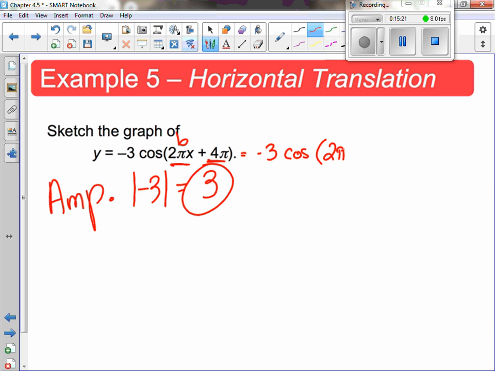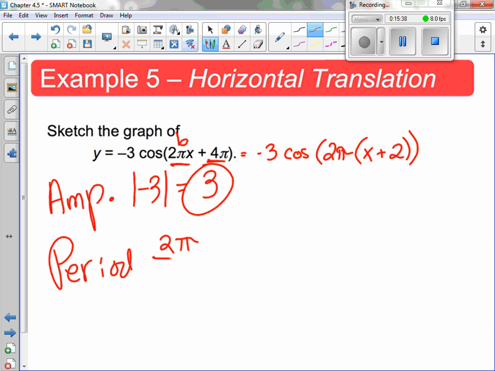So I'm going to factor 2 pi out of 2 pi x, which would leave us with 2 pi out of 4 pi would be plus 2. We shouldn't do anything for the period because our period is still going to be 2 pi. Sure. The period would be 1.